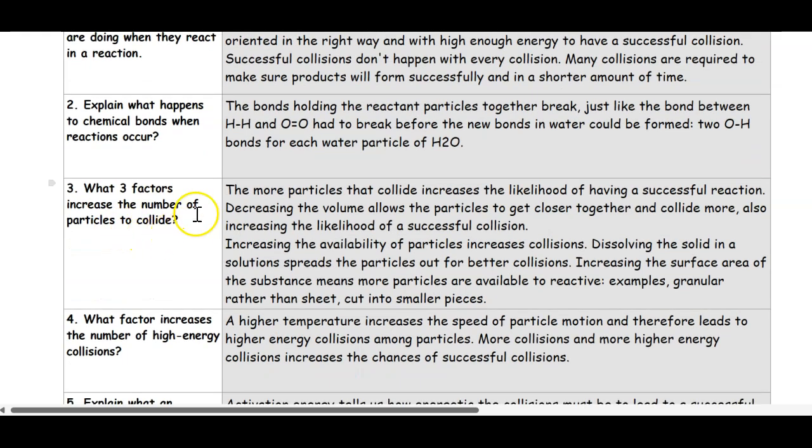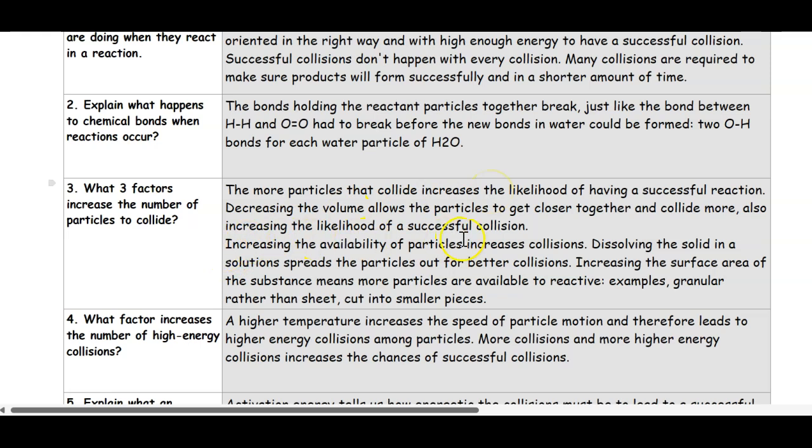What three factors increase the number of particles to collide? Well, the more particles that collide increases the likelihood of having a successful reaction. So decreasing the volume allows the particles to get closer together and collide more, also increasing the likelihood of a successful collision. So we can change the volume, or we can simply add more particles to the same size container.